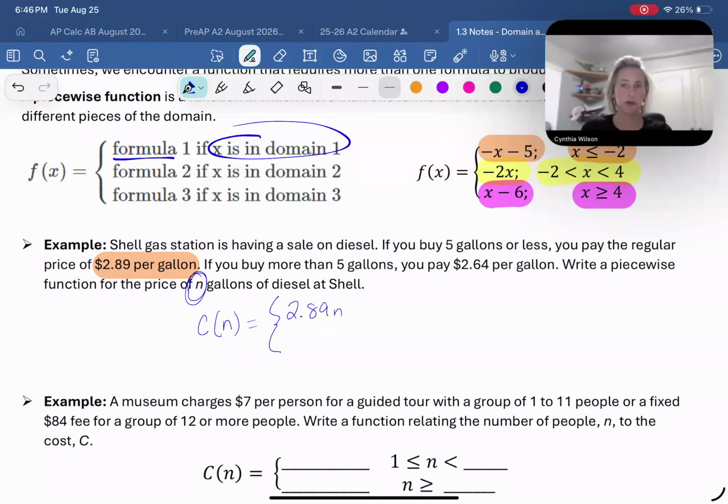There's a weird restriction on that. When are you going to pay $2.89? Good, I'm seeing it all over. 5 or less gallons. That means n, number of gallons, has to be less than or equal to 5.